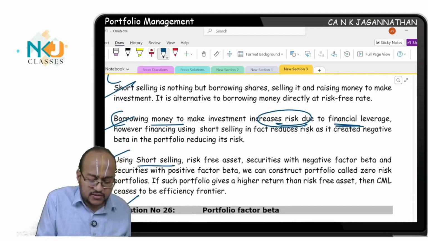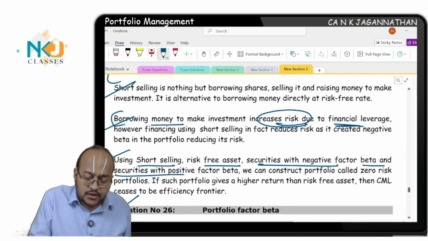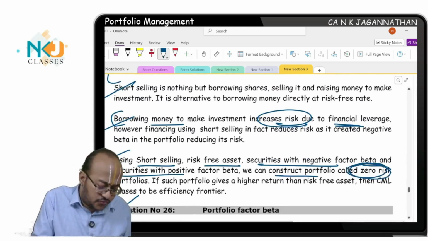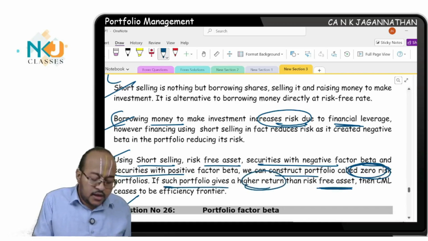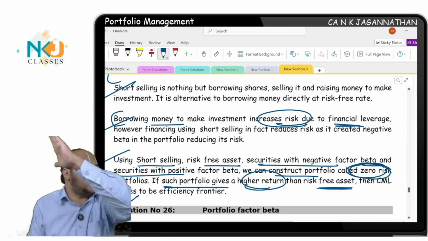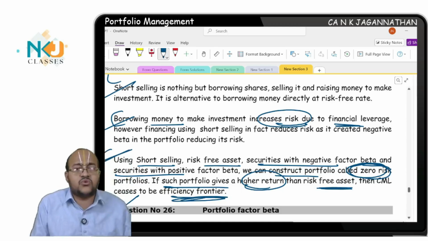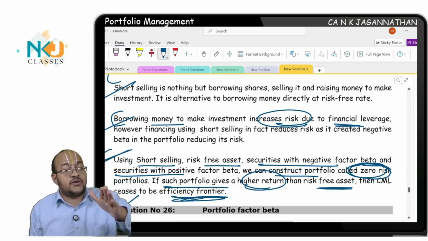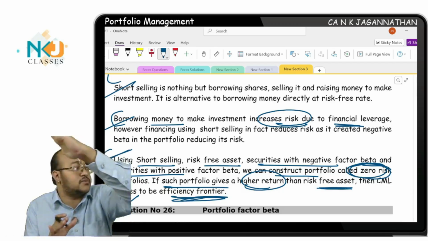By using short selling, a risk-free asset, a security with negative factor beta and a security with positive factor beta, we can construct a portfolio called a zero risk portfolio. If such a portfolio gives a higher return than the risk-free asset, this will replace the efficient frontier. Just to give you an idea, we were thinking that combining a risk-free asset with market securities gave the best result.